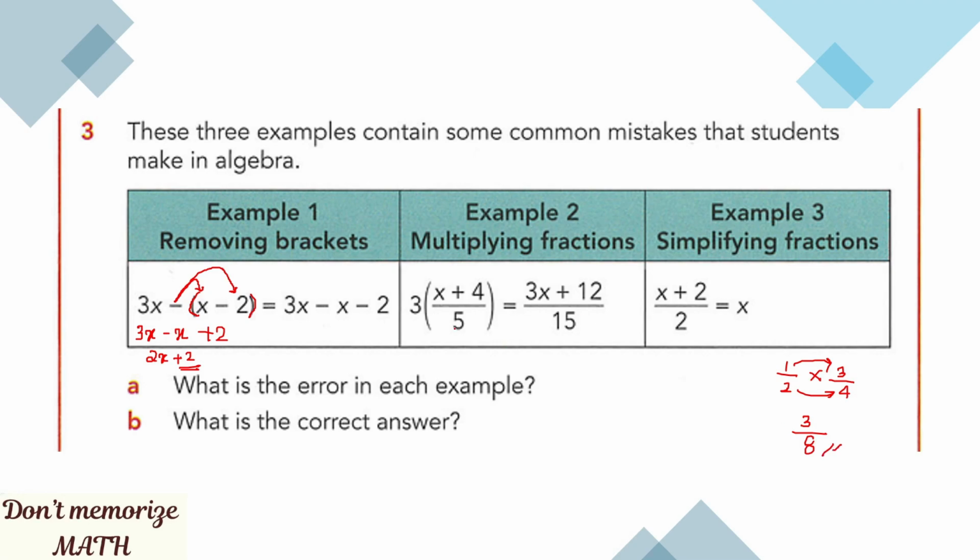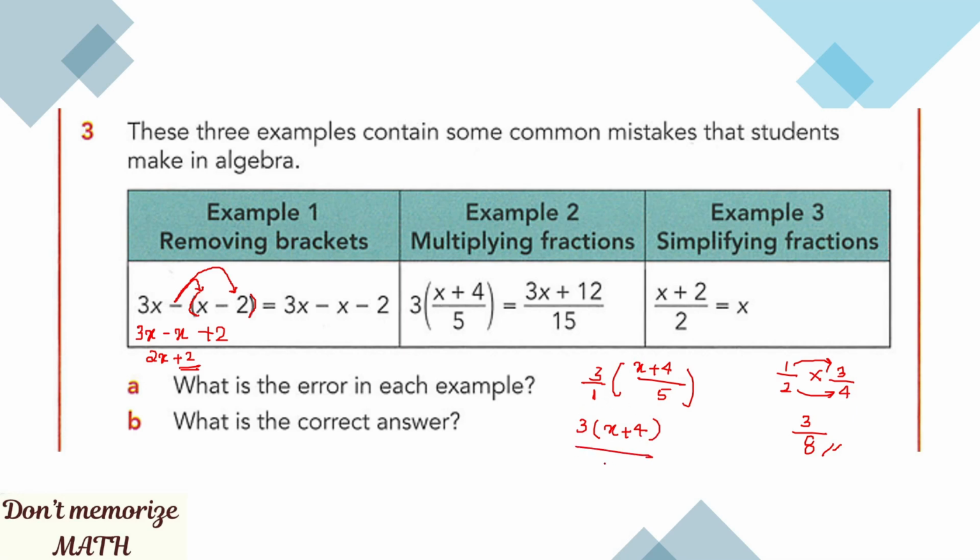In the same way, here we have 3 and, in brackets, x plus 4 over 5. Here also there is no plus or minus between them, which means we are multiplying these two. Multiplying by 3 is the same as 3 over 1. When you multiply, you multiply the numerators. So we get 3 times x plus 4, over 1 times 5.